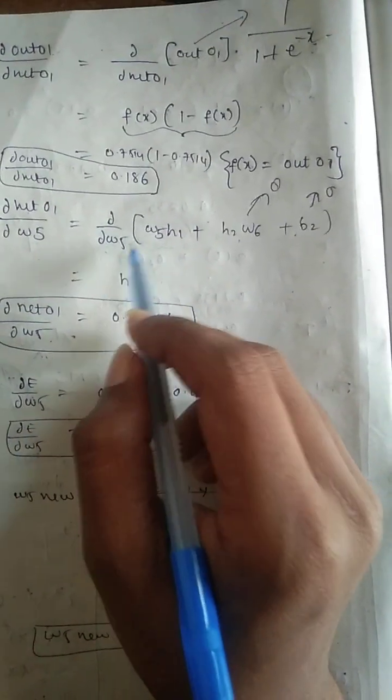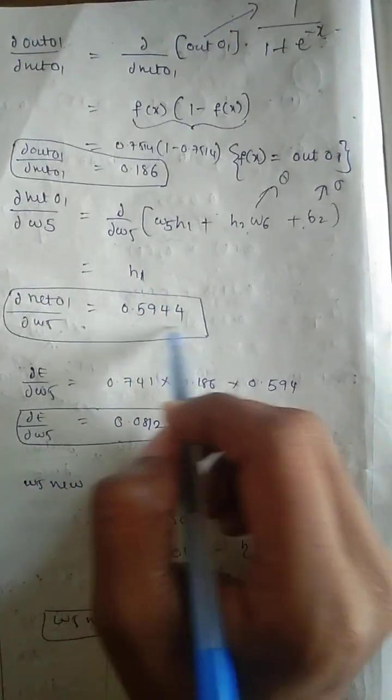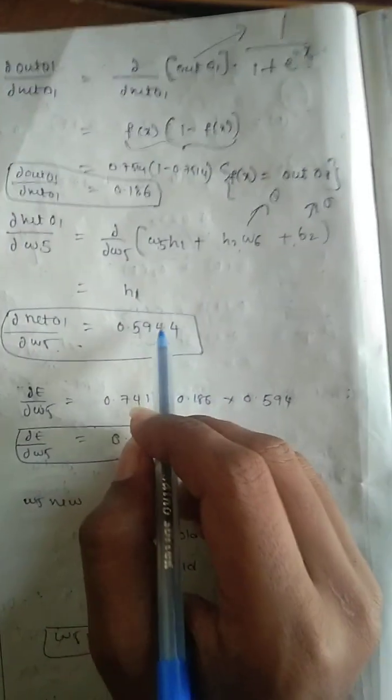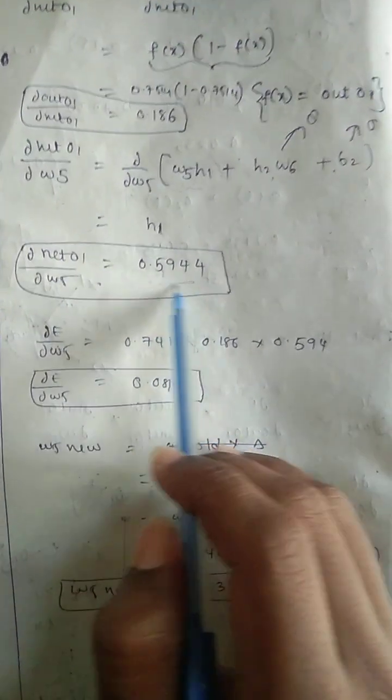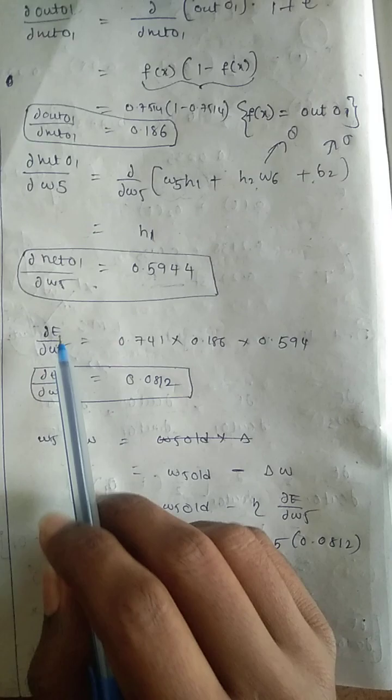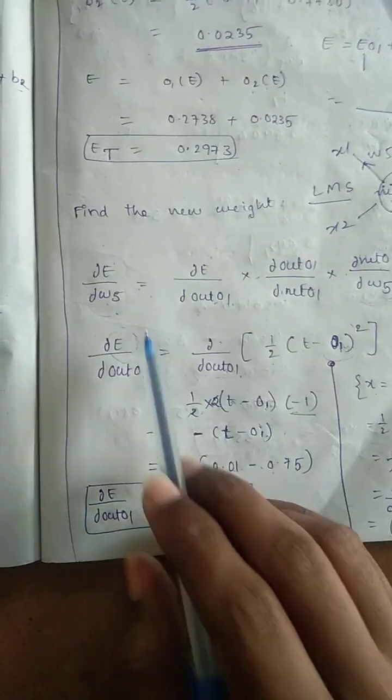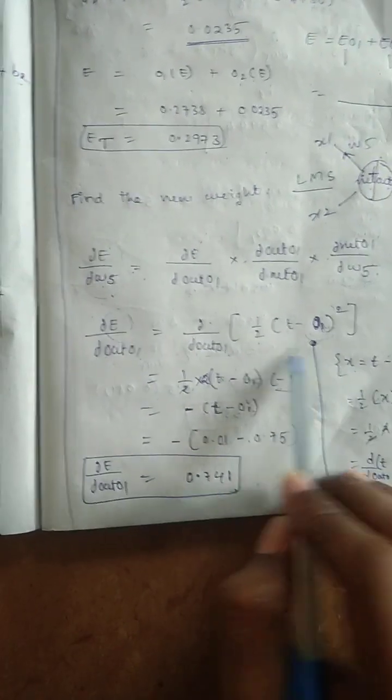W5 with respect to w5 gives how much? h1. The h1 term is right. The out of h1 value we write here. Out of h1 value, we write here 0.5932, that value is replaced here. Okay, next dou e by dou w5. Now we get the three quantities. Out of e by out 1, the target formula, you get it.